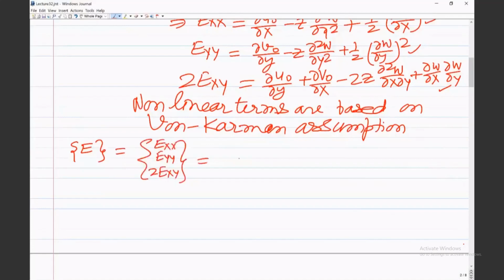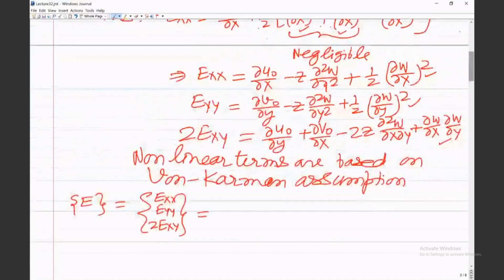So this will be equal to, now I'm grouping the strains in two parts. One is the terms which are dependent on z, like this term and this term. So the strains due to these terms are varying through the thickness of the plate. Whereas the other set of terms, like this term plus this term plus this term, are giving constant strain through the thickness.